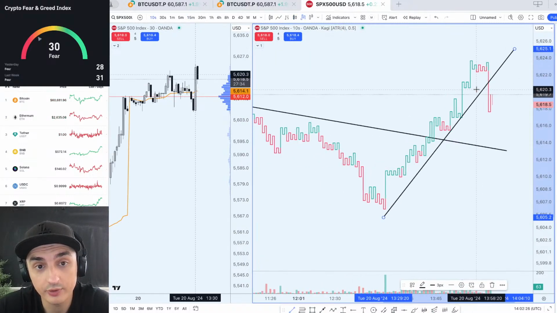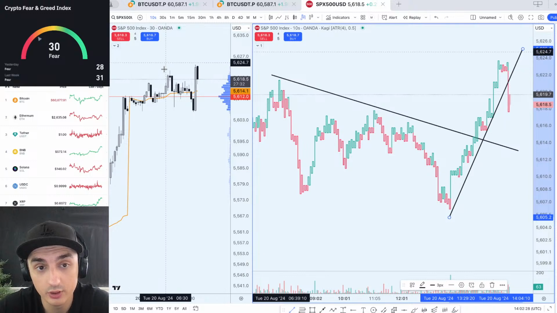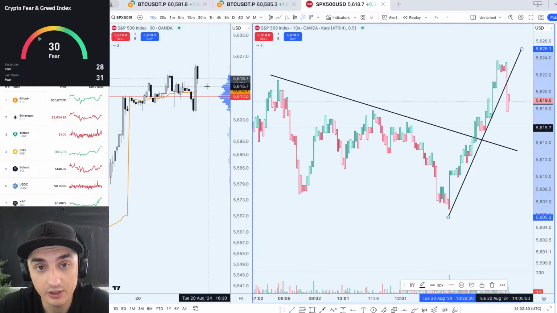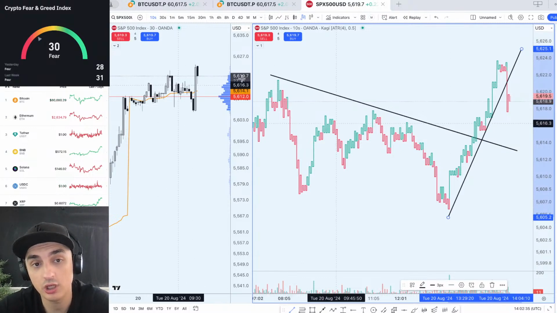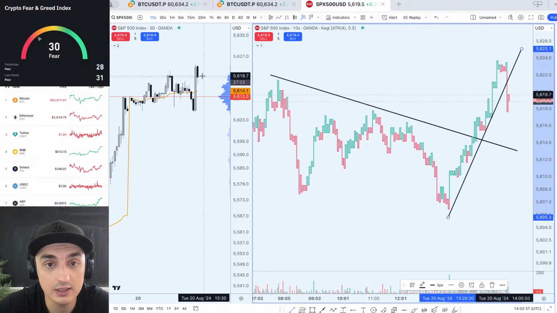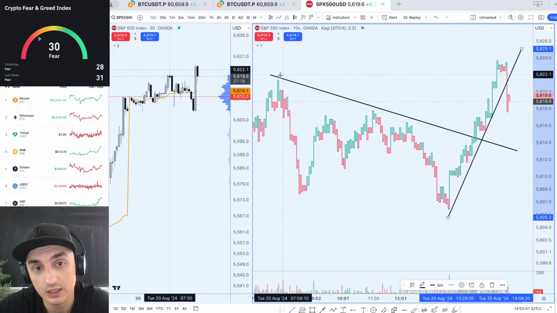S&P breaking through the support line and going back to this area of the previous day's range, and it was 620, 615.